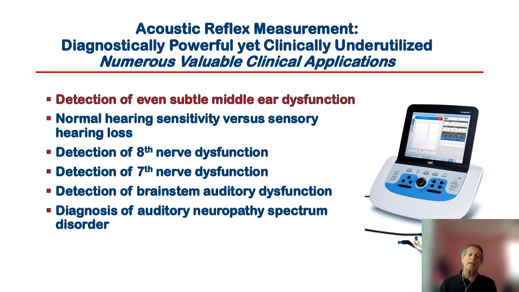There's only one exception, and it's not really an exception, but one case that we must consider, and that is a patient with superior canal dehiscence syndrome. They may have what looks like an air-bone gap in the audiogram. They may have poorer air conduction than bone conduction, and they might still have acoustic reflexes.